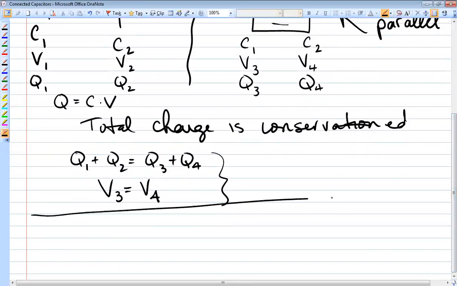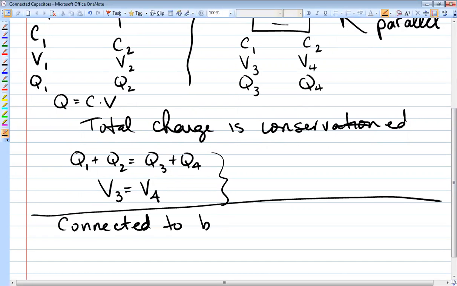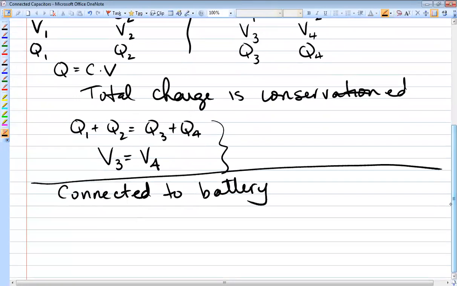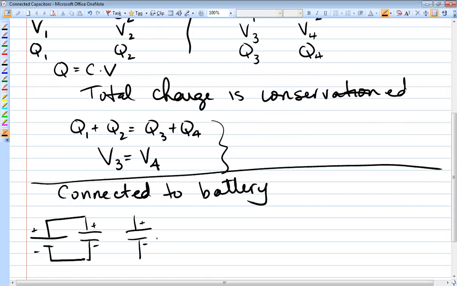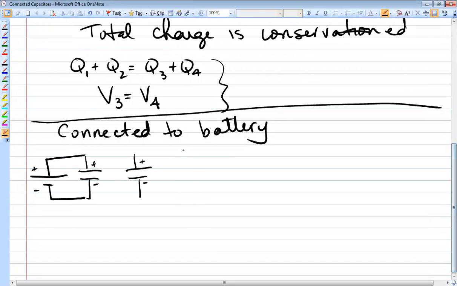Okay, that's case one. Now case two: what happens if we leave it connected to a battery while we do this? You'll see that the situation is completely different. So we have a battery. One capacitor could be charged to that initially, it doesn't really matter, and then the second one could be out here. This will be plus, minus, and we'll do plus to plus, minus to minus as well. That's the before.